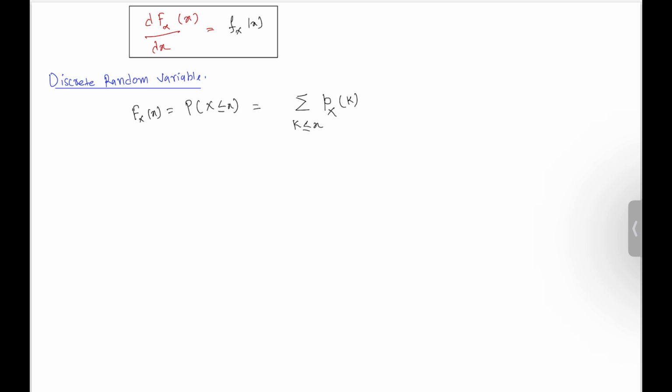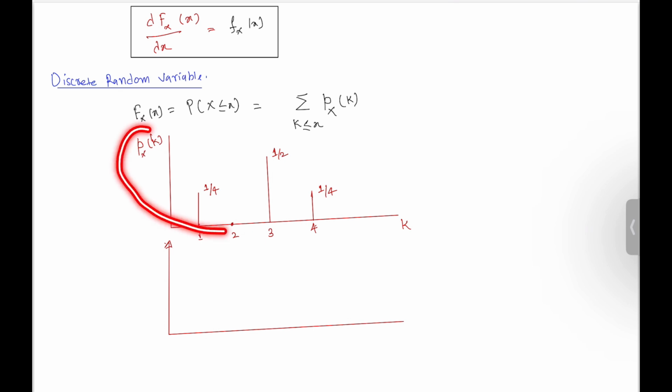Let's take an example of a discrete case. Let's say we have this PMF, and let's look at the plot of the CDF. Sorry, I said PDF, but this is a PMF since we are talking about the discrete case.